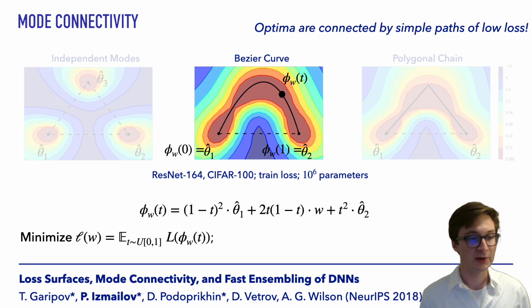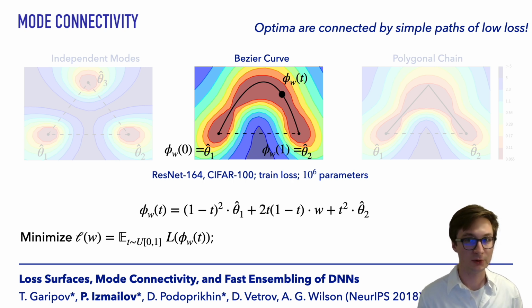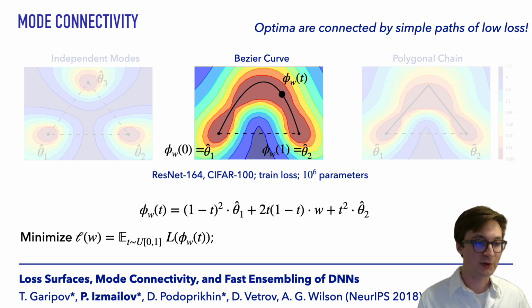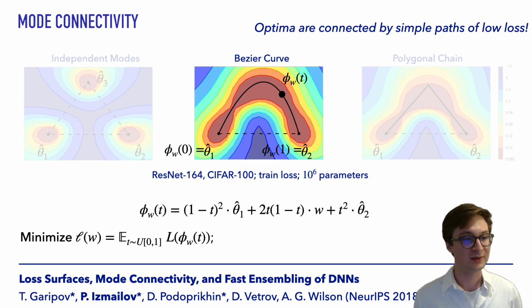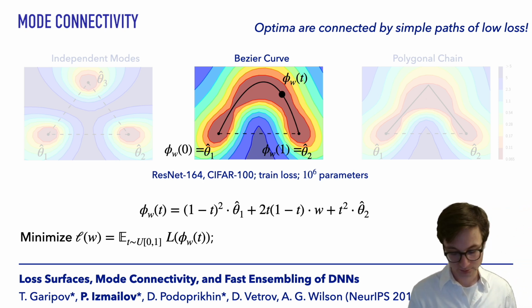And then we can define a loss function for the curve. And we just set it to be equal to the expected value of the original loss function for a model that we sample randomly along the curve. So the expectation over a model uniformly sampled along the curve. And when we minimize that loss function, we are ensuring that everywhere along the curve, the loss is low.